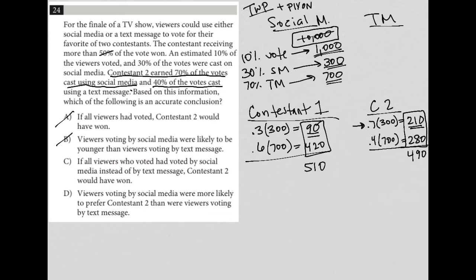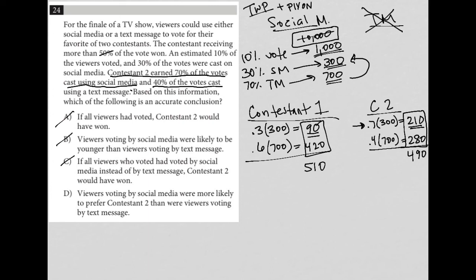But I'm not sure if we took away this option and said all the people who are using text message for voting, you must use social media, then that probably would have changed the percentages, right? Because obviously now these text message people are forced into this category. So that would definitely change the percentages there. We shouldn't expect that contestant 2 would still get 70% of the votes. So choice C is gone.